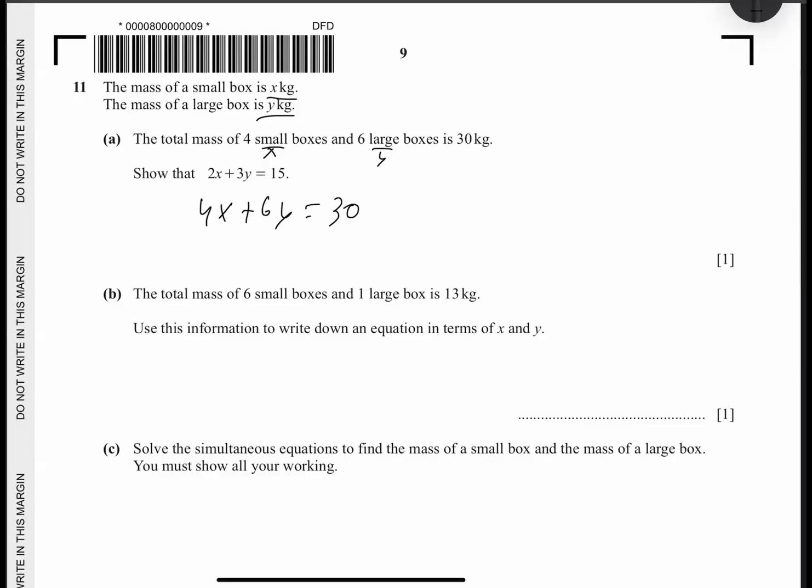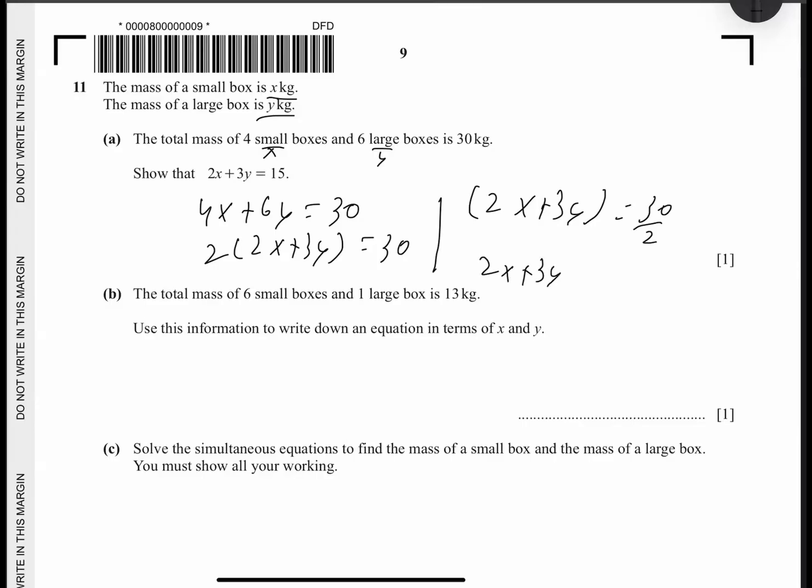Now we take 2 common. We take 2 on the other side and divide it, which leaves us with 2x plus 3y equals 30 over 2. So 2x plus 3y is equal to 15.